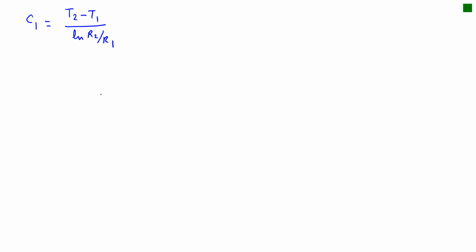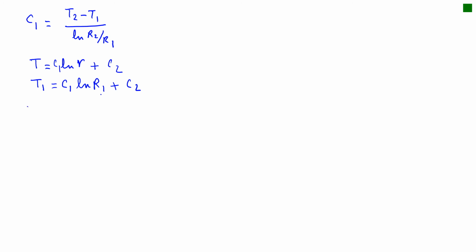For that, we take the solution itself, which is T equal to C1 natural log of r plus C2, and subtract from it the first equation we got from using the first boundary condition, T1 equals C1 ln of r1 plus C2.